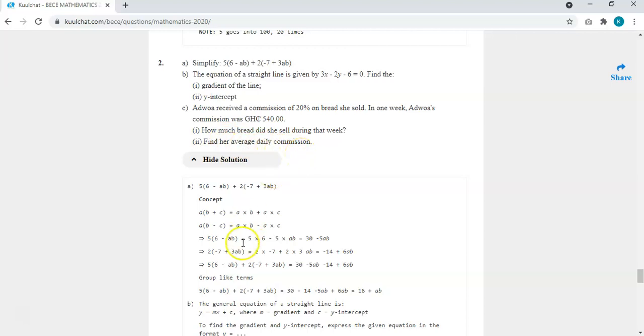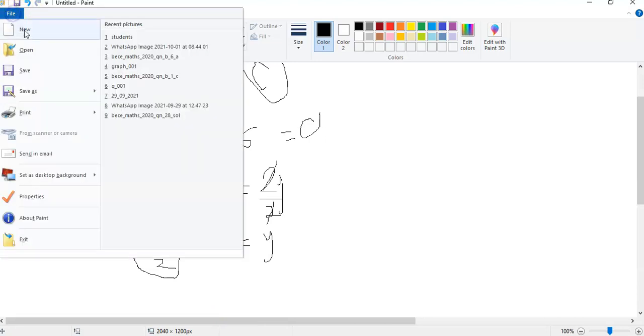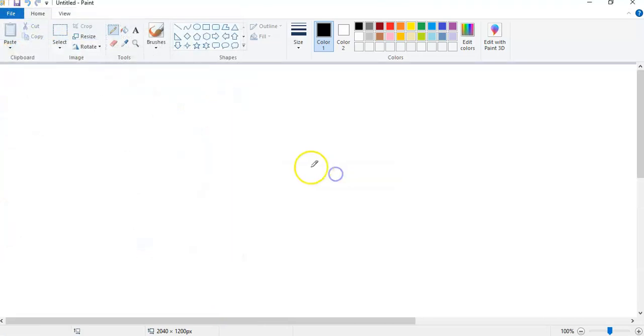So the commission amount is just the commission percentage times the total amount you sell.